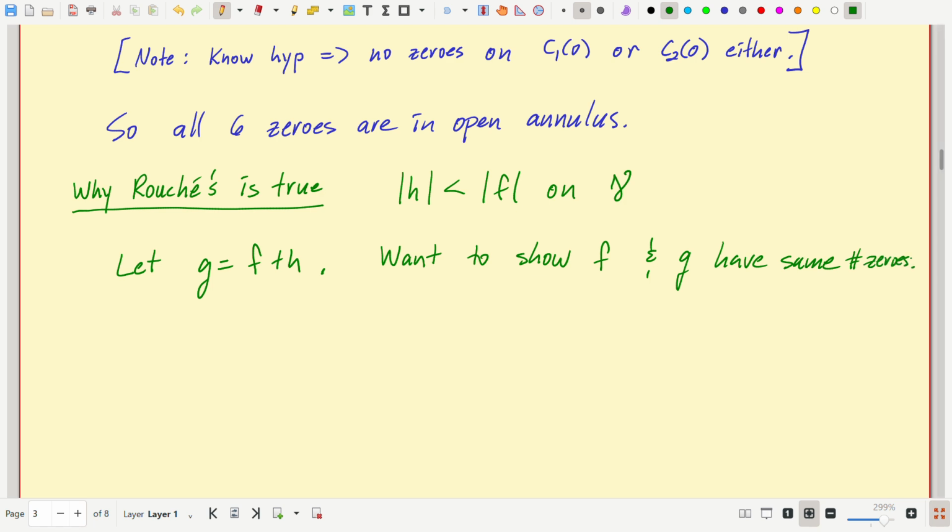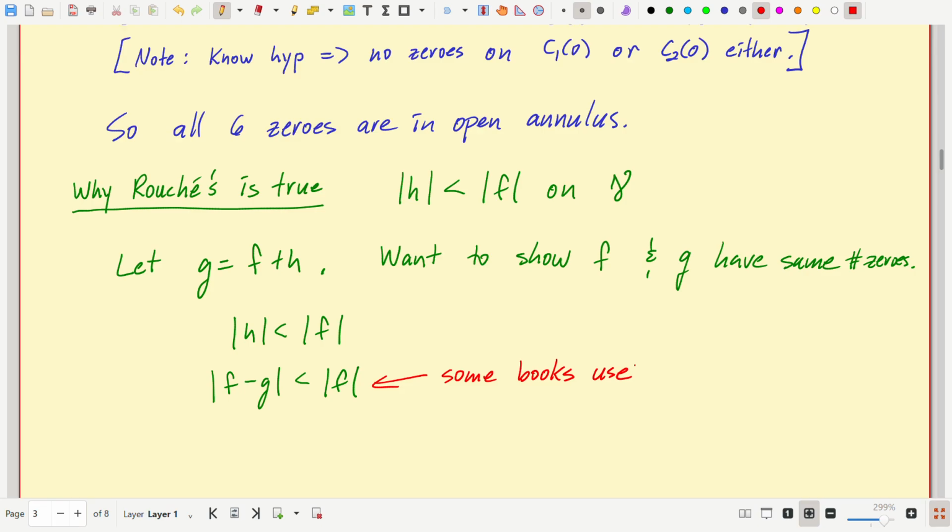Okay, some books, so what I have is the modulus of h is less than the modulus of f, and h would be f minus g. Yeah, f minus g. That would be h is less than f. Some books do this instead of the f and the h. They use an f and a g. But F and H is kind of nice because F is going to be the big one and the H is going to be the rest of the junk.